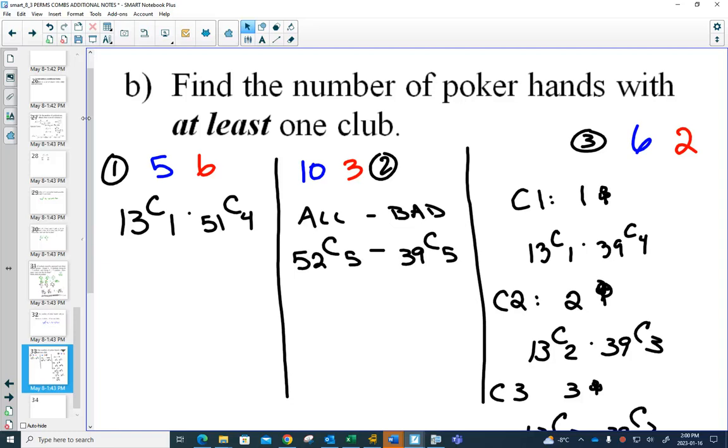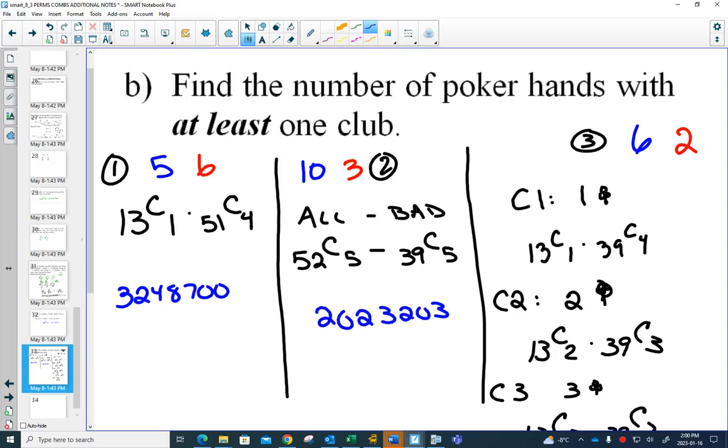Okay, so here are the answers. The answer to the first one is 3,248,700. The answer to the second one is 2023,203. And the answer to the last one is 2023,203.